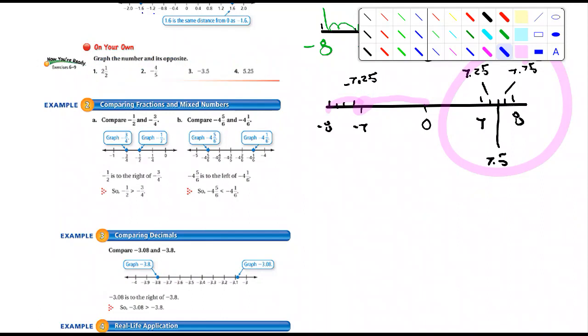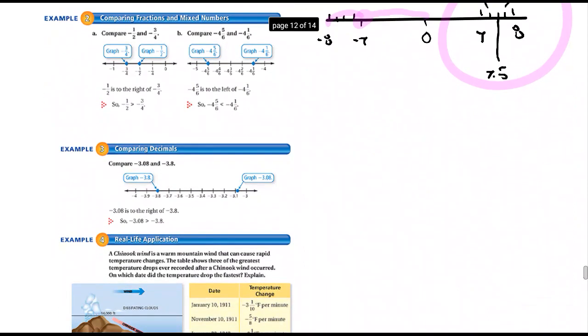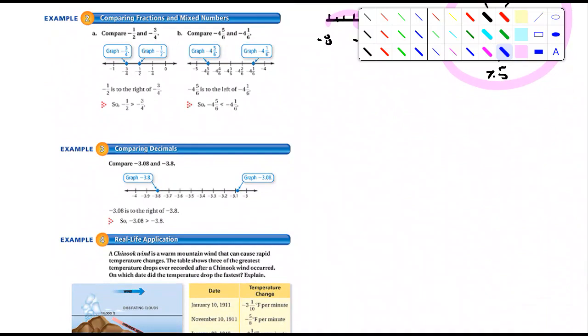Let's look at comparing fractions and or mixed numbers. Again, some more examples. So in this one, they want to make sure you have them in the right location. So here's a -3/4 and here's a -1/2.